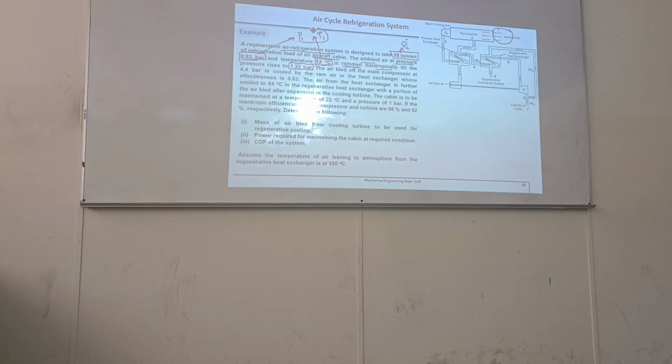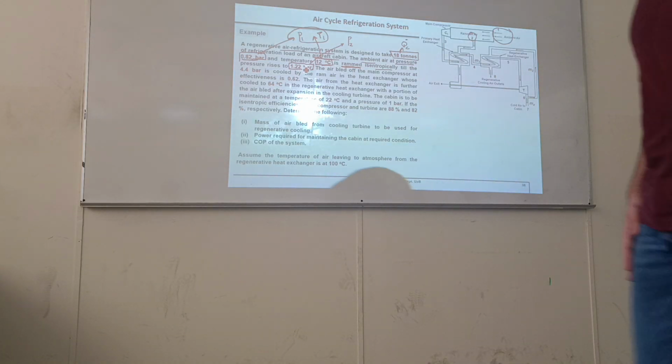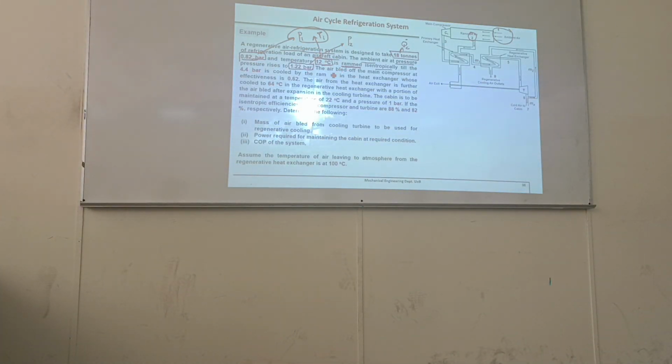This is point 1. Now pressure is raised isentropically. Rammed means inside the diffuser. So this is P2, this one, the pressure rise during ramming, right? The air bled off.